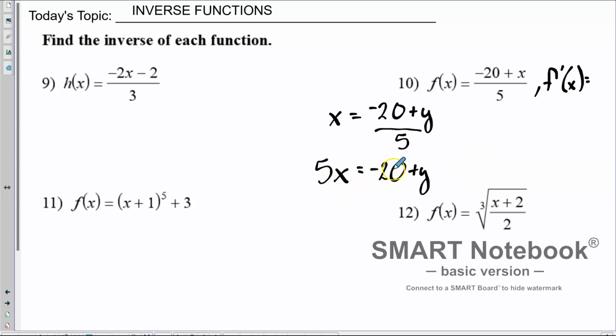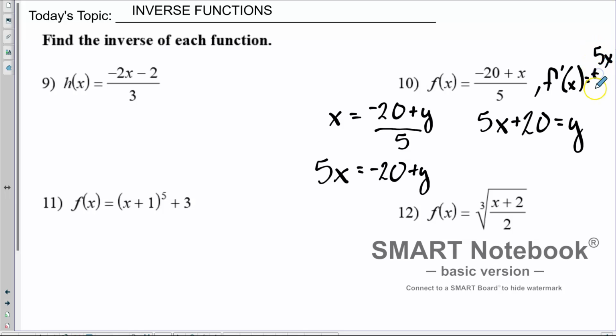So pause the video and ask yourself, what do I do next? Okay? If you're thinking add 20 to both sides, good. Okay? Because adding 20 will cancel here. And I'm left with this expression, okay, which is my f inverse. Let's see if I can squeeze it in here.